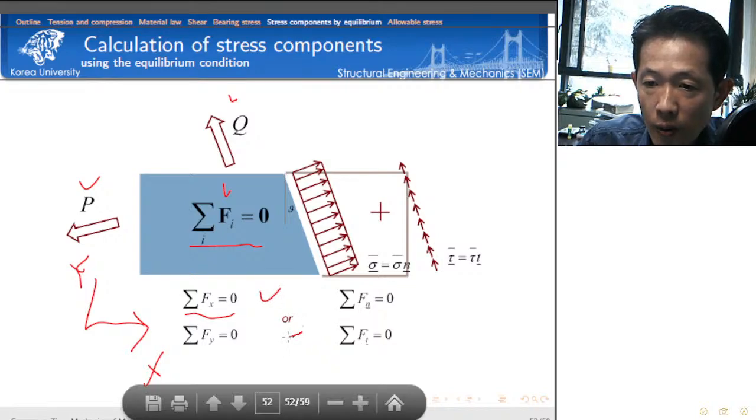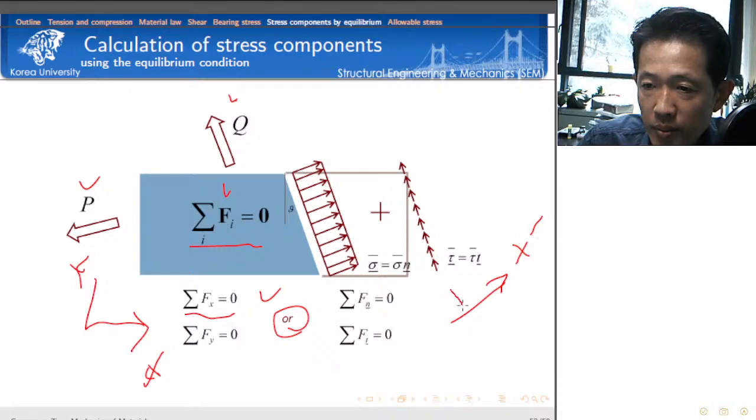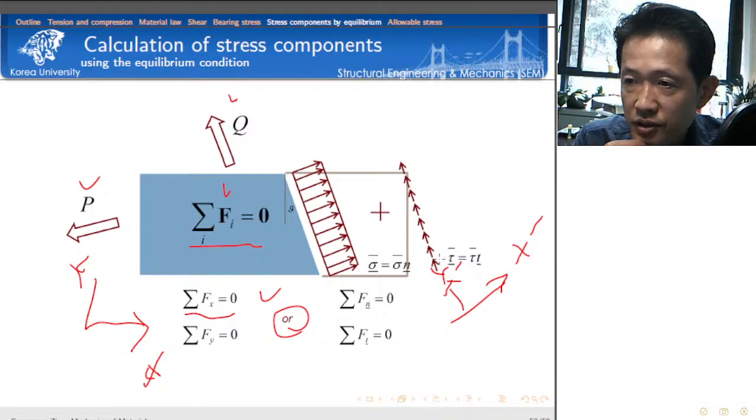Or instead of using this x and y, we can follow a new coordinate system, x prime and y prime. The same thing. The change of coordinate system doesn't change the nature of force equilibrium.